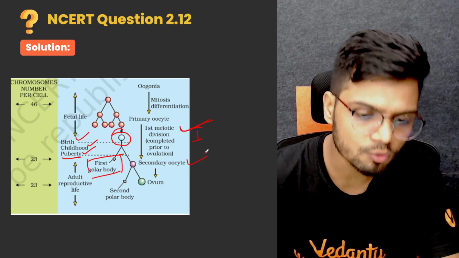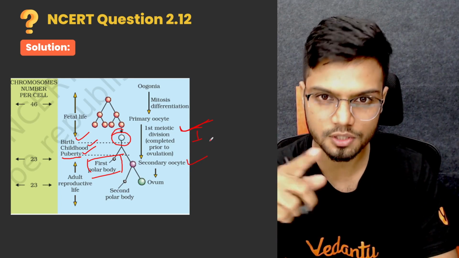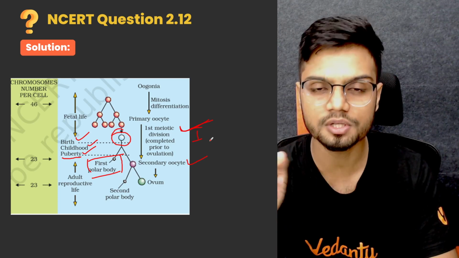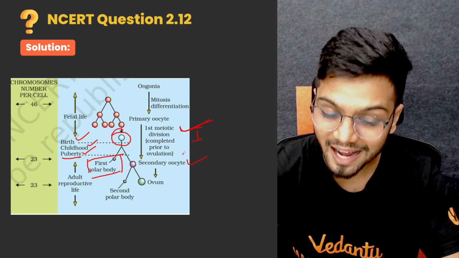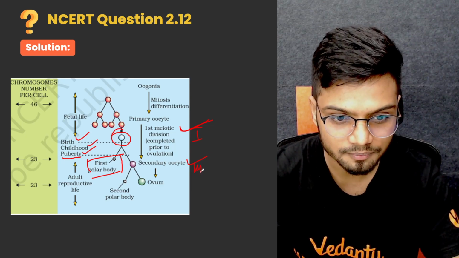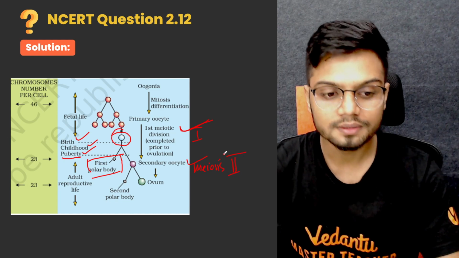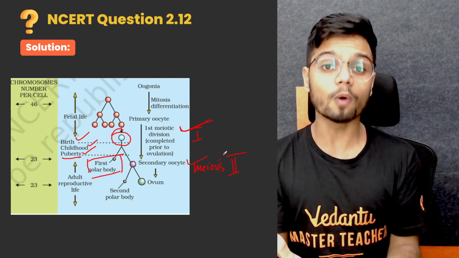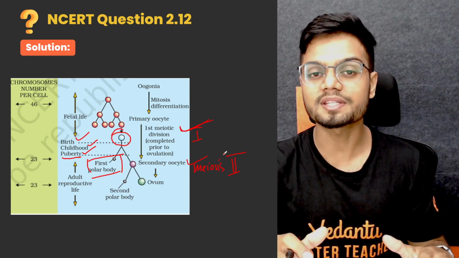Now we know meiosis has two stages, meiosis 1 and meiosis 2. This secondary oocyte starts to undergo meiosis 2, but again it does not finish the second meiosis.